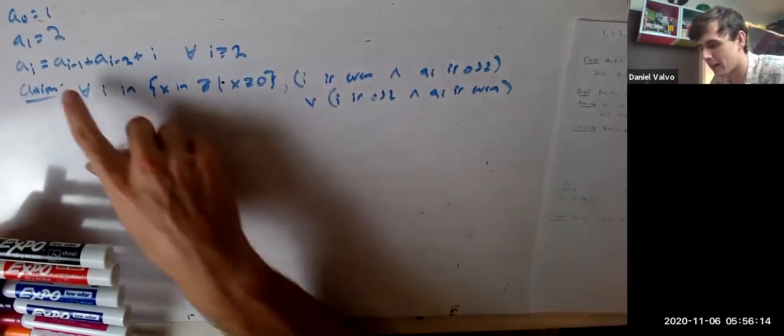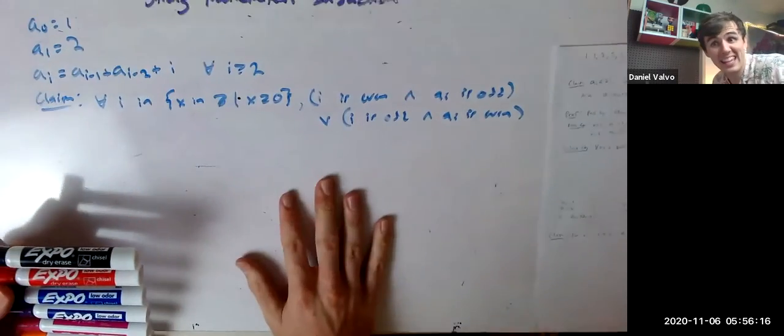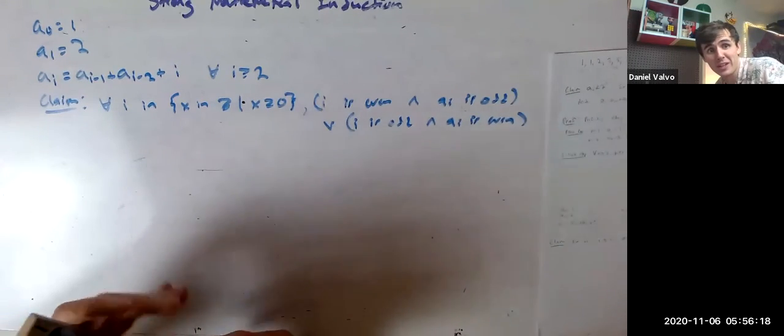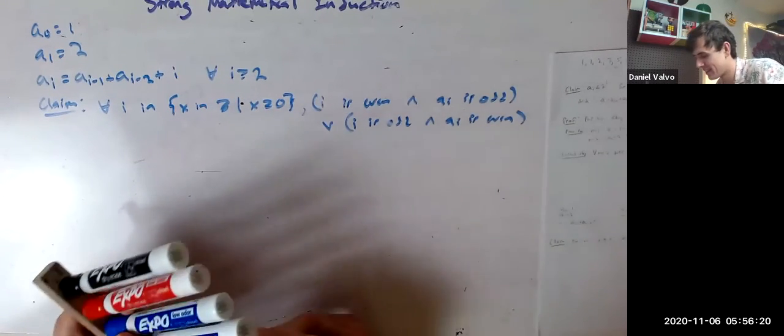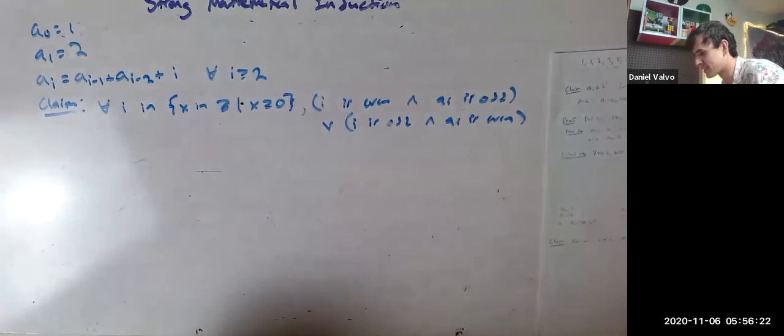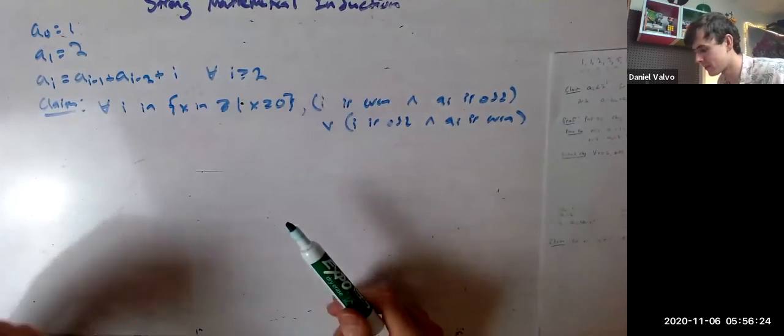So just saying that i will be the opposite of a_i. The index will be the opposite of whatever the actual term is. That's the weird claim about this weird set of things.